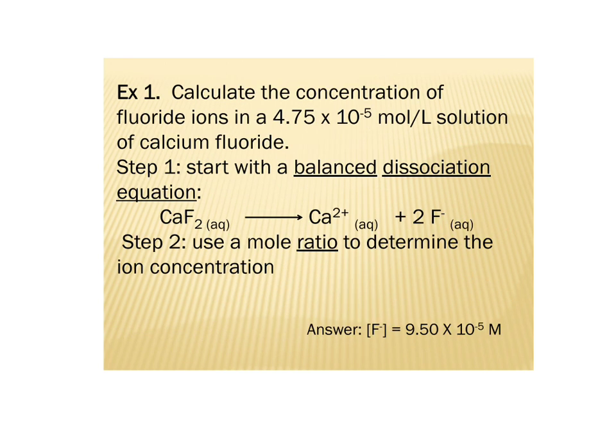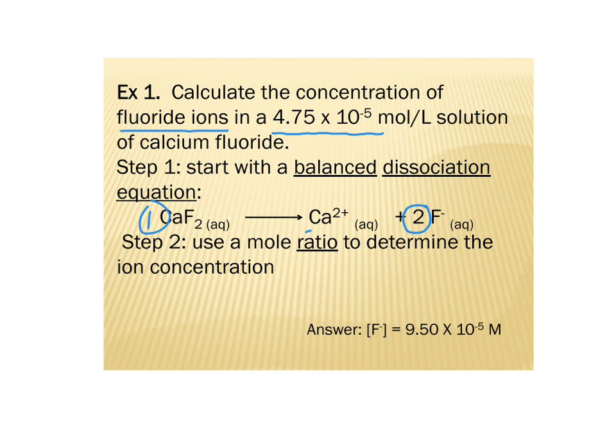Let's do another example. Here we want to find the concentration of fluoride ions in a solution of 4.75 times 10 to the minus 5 moles per liter of calcium fluoride. So step 1 is to write our balanced dissociation equation. We have 1 mole of calcium fluoride dissociating to 1 mole of calcium ions and 2 moles of fluoride ions.